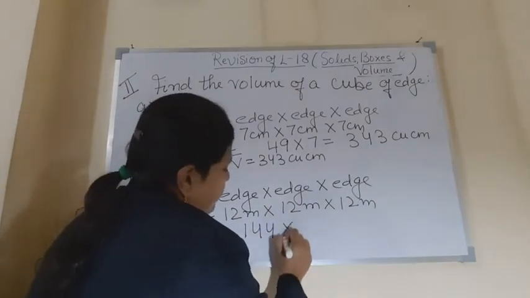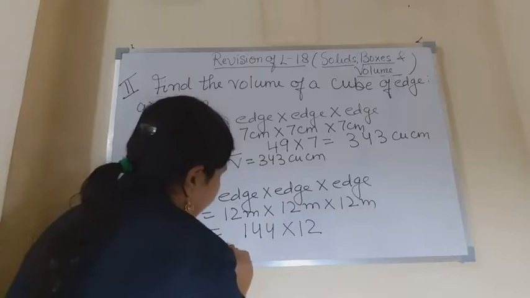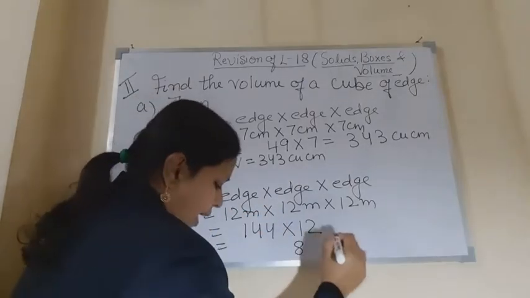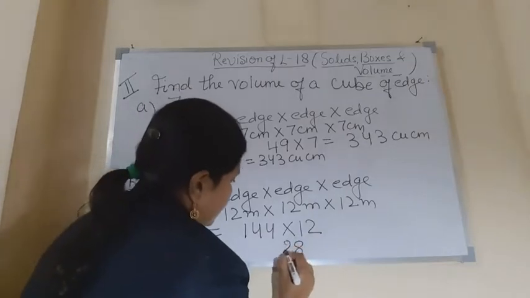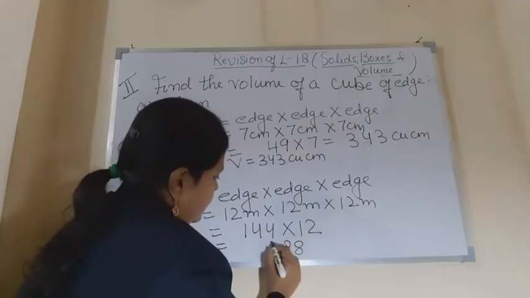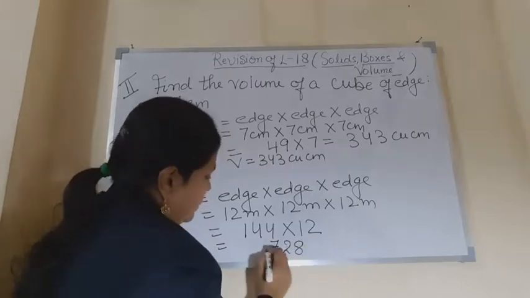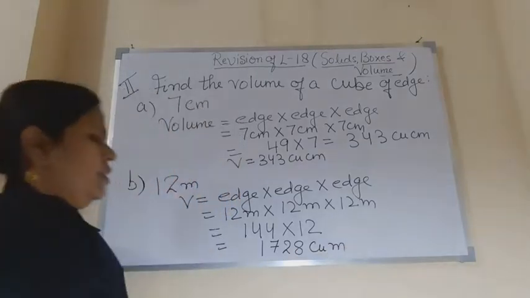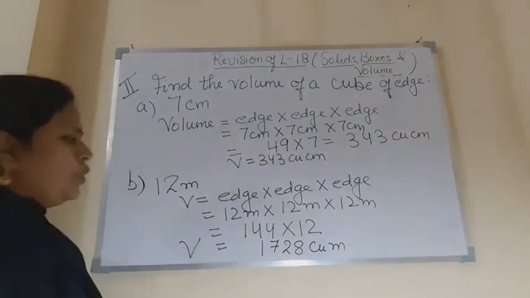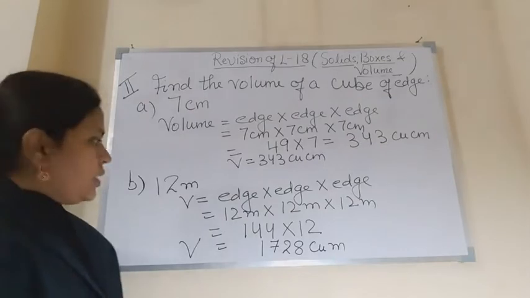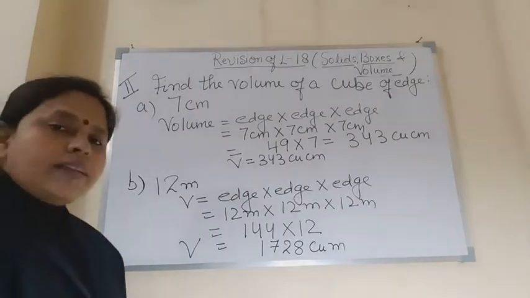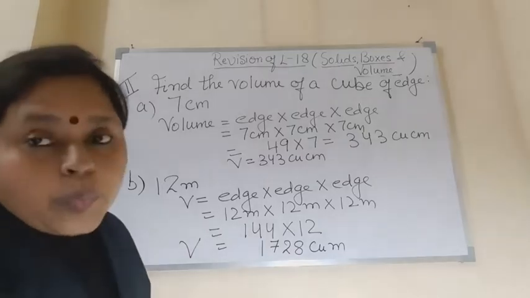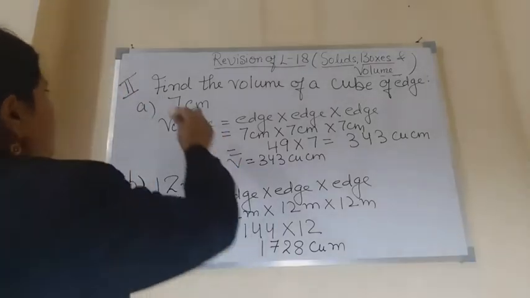Then again we will multiply it by 12, and what do we get? We get 1728 cubic meter. So our volume of this cube of edge 12 meter is equal to 1728 cubic meter. I hope you have understood these two questions.